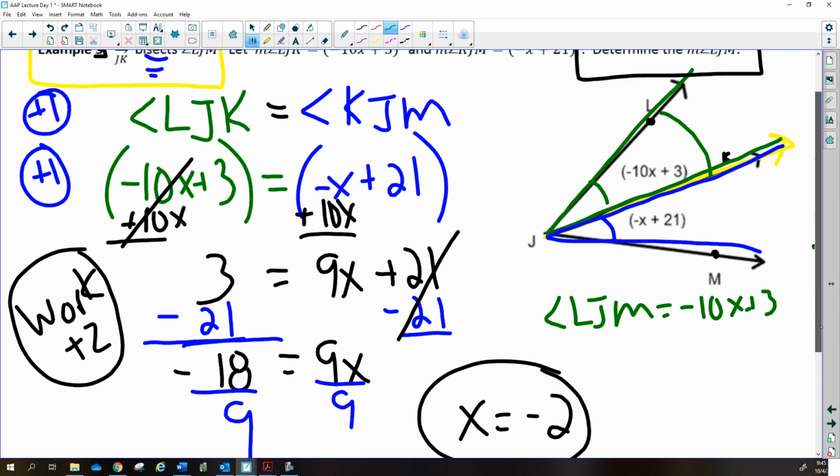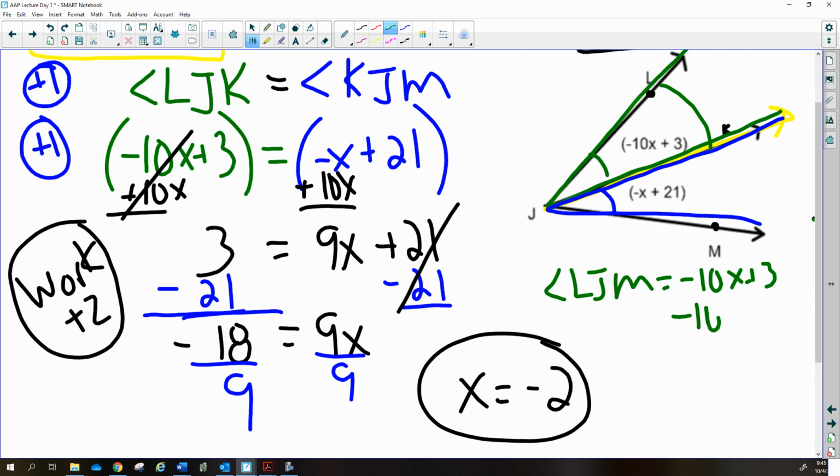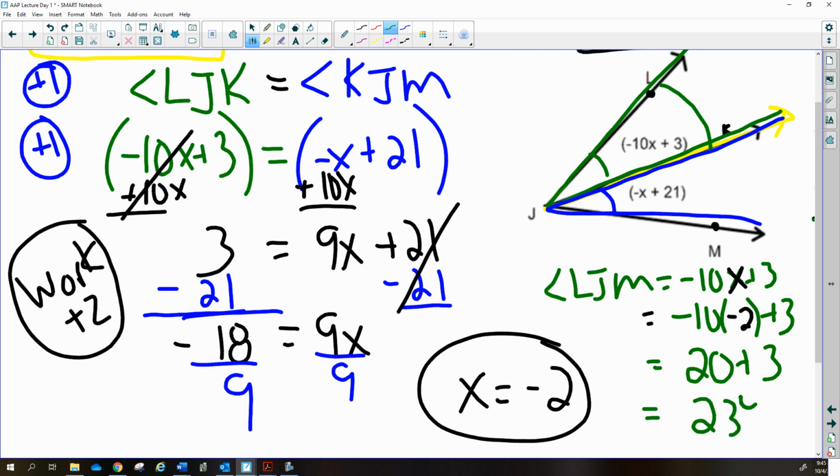We take 10, plug in the negative 2 where our x is. Do our arithmetic: negative 10 times negative 2 is positive 20. Add on 3, and we get a measure of 23 degrees.